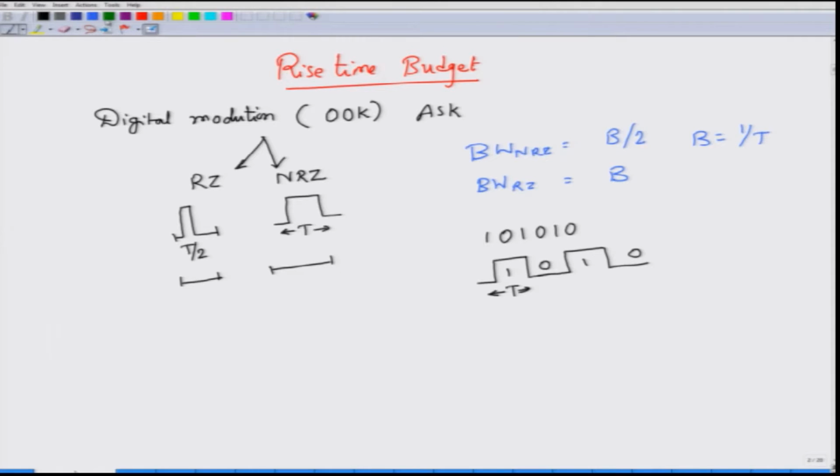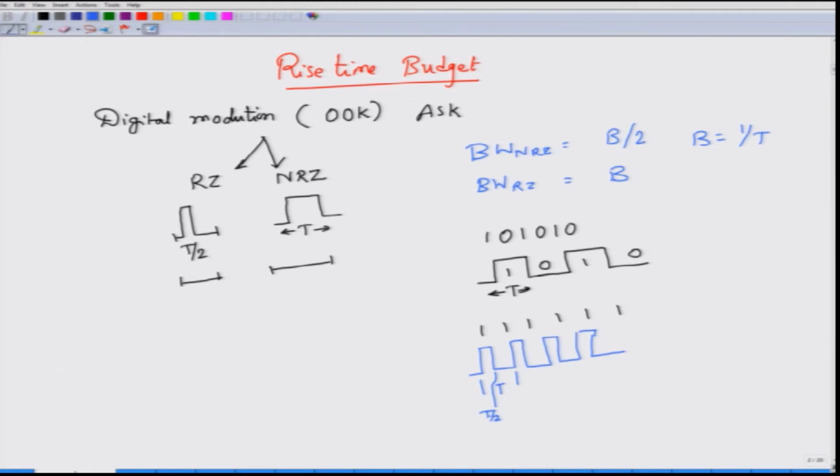Whereas for the RZ case, you have the maximum change of bits when you are transmitting all ones, because then you have one half period, then one more half period, another half period, and so on. So this would be your total width T, whereas this one is only about T by 2.